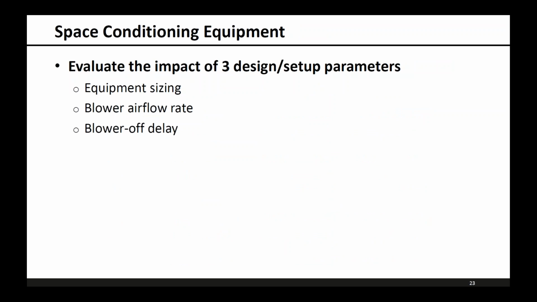In the study, we looked at three different design or setup parameters for the space conditioning equipment. The first is the equipment sizing, second is the blower airflow rate, and the third is the blower off delay.